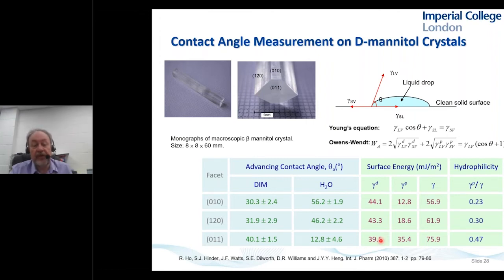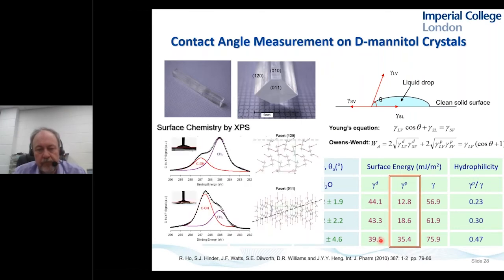If you didn't already know, you can see here that the different crystal faces have different surface energies, and that reflects different functional groups on the surfaces. How do we know this? Well, what we do is XPS. XPS allows us to look at the concentrations of hydroxyl groups in different crystal faces. Here's XPS data showing the C-OH groups for 120 and for 011.